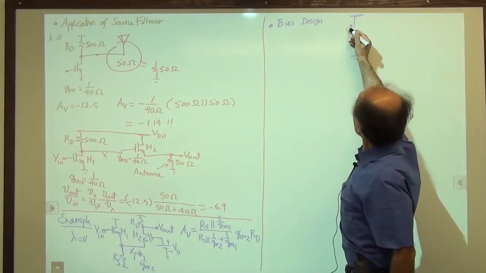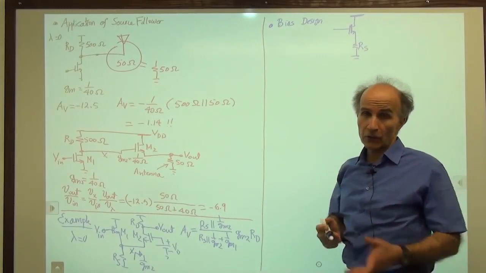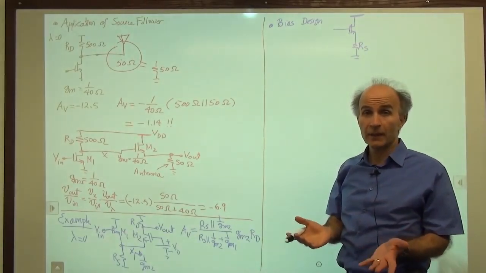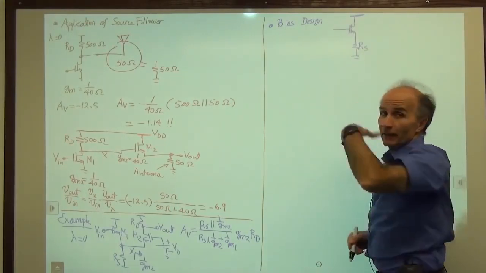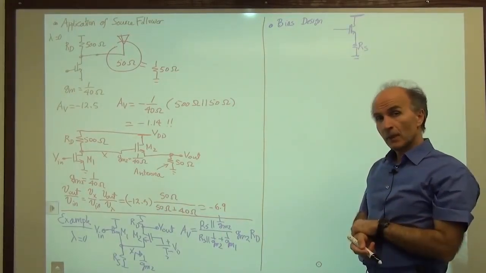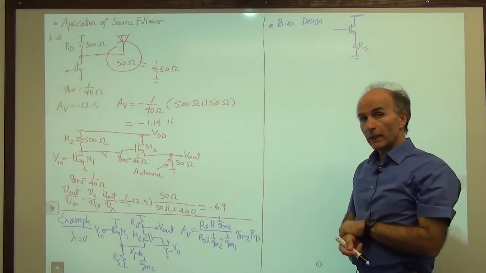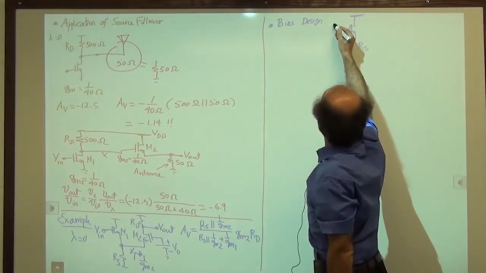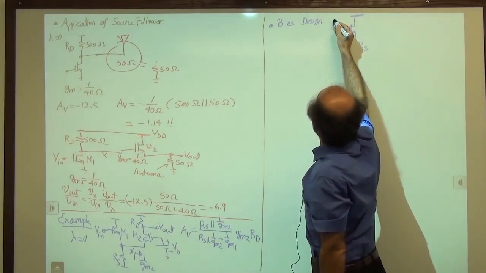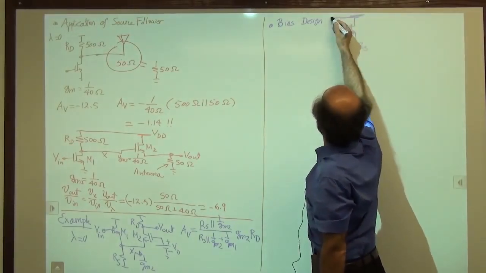Okay, but how about the gate? What do we do with the gate? The gate also needs some sort of voltage in the absence of signals to make sure that we have proper VGS and all that, and we have a current, etc. So, well, maybe what we can do is connect the gate to VDD.